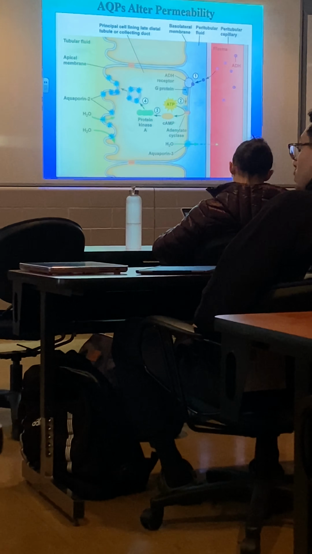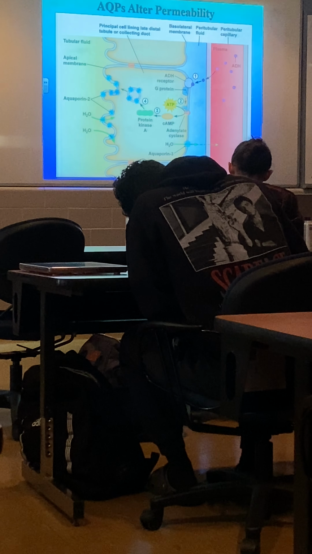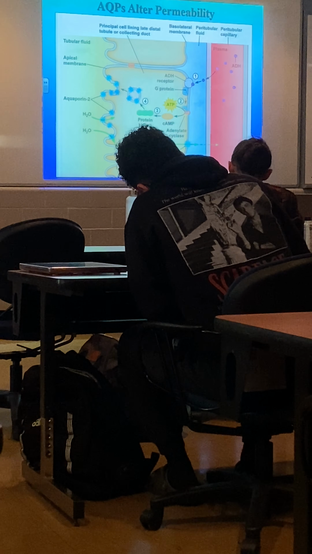The word insipid means dilute or not concentrated. It refers to the urine. Diabetes insipidus is characterized by the production of voluminous, low concentrated urine.